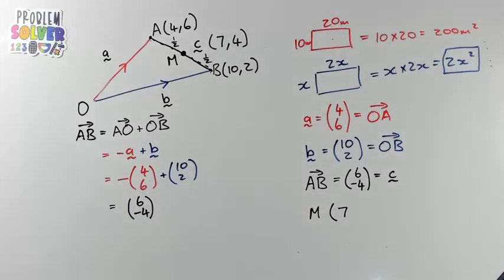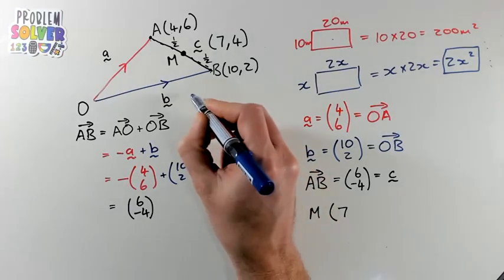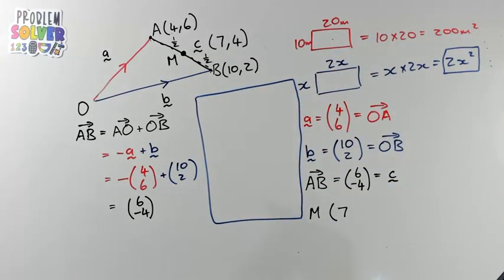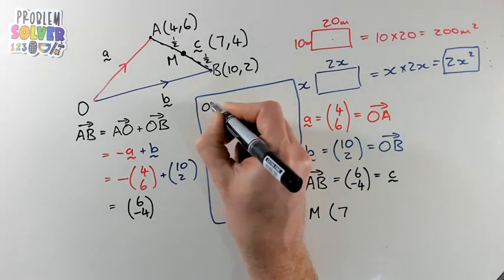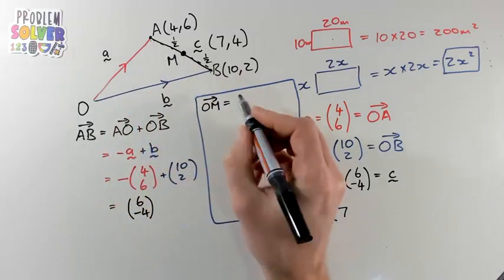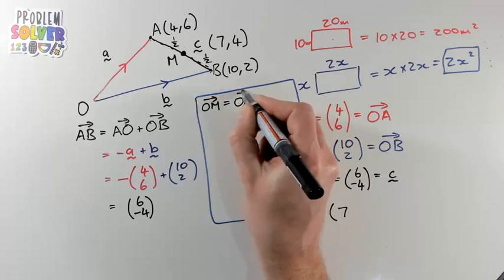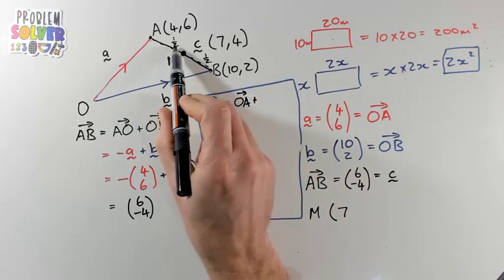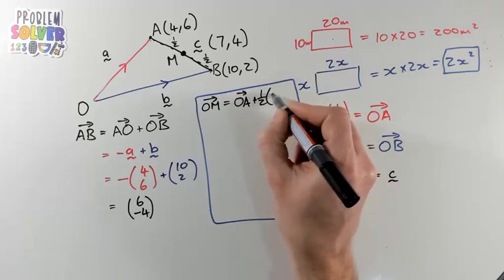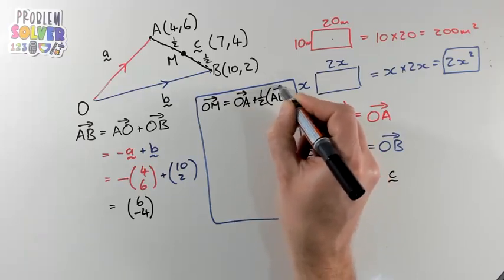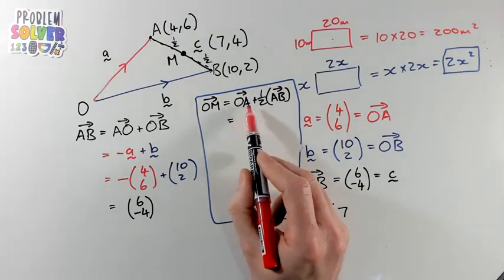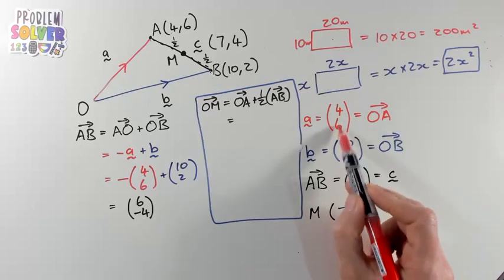Let me just make a little block here. Let's try and do it in that block. So if I wanted to find OM, that is the same as going from O to A, plus I'm going halfway from A to B. So if I use the actual numbers, I know OA is this A, which is this 4, 6 thing.